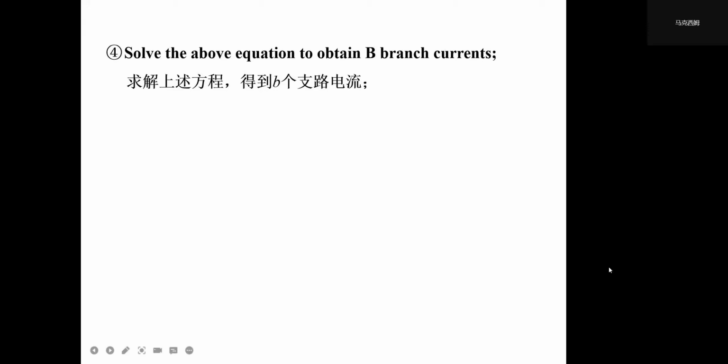But generally speaking, it's very laborious to solve this kind of equation set manually, because the larger the set of unknown variables, the more difficulty you will encounter in the calculation.